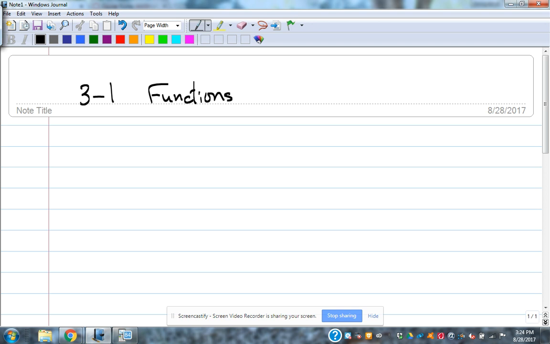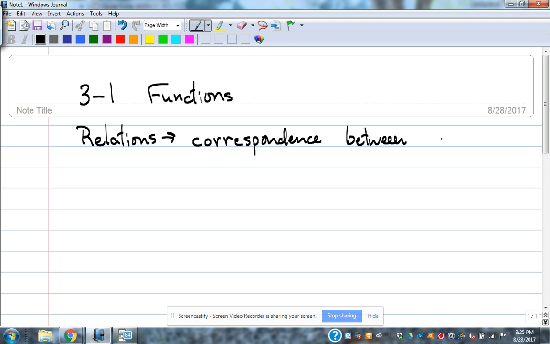Functions. And functions are based on mathematical relations. And that's just a correspondence between two sets.